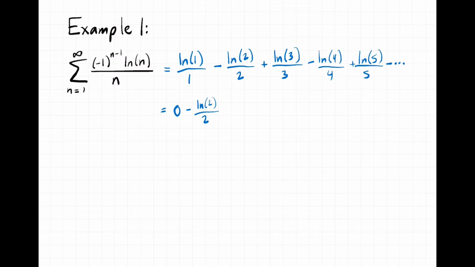But notice that for the natural log of 2, what power can I put on e to get 2? Well, e is about 2.718. So 2 is less than e, but still greater than 1. The power I'd have to put on e to get 2 is less than 1, but still positive. Which means that, ignoring that negative, the natural log of 2 over 2 will be a positive number that is less than 1/2.